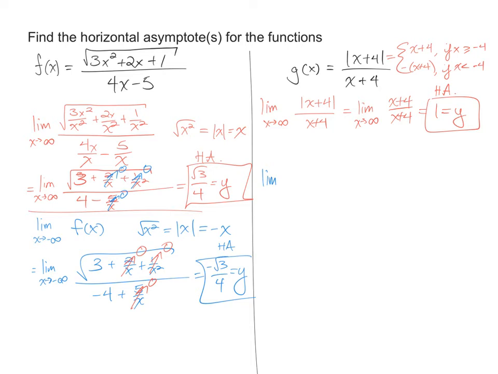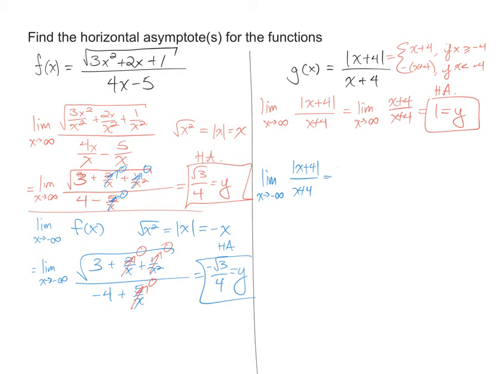The other way, the limit as x approaches negative infinity of absolute value of x plus 4 over x plus 4. Well, now since this is going to negative infinity, we want numbers that are less than negative 4. So that means I'll replace this absolute value with this bottom function.